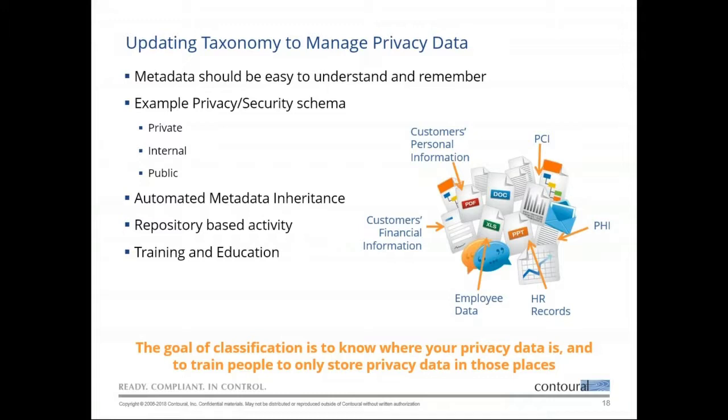The idea here is not to have your employees have to mark every single file as having privacy information, but instead to make sure that the places that you've designated for them to store that information actually pick up that metadata and automatically associate it with the file.